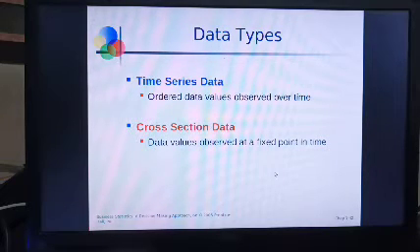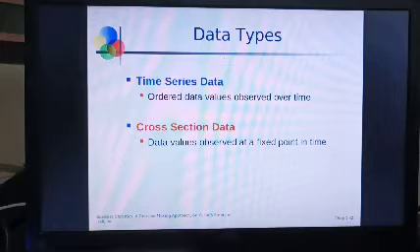Also, time series data and cross-section data. Time series data are ordered data values observed over time. There's always time involved.